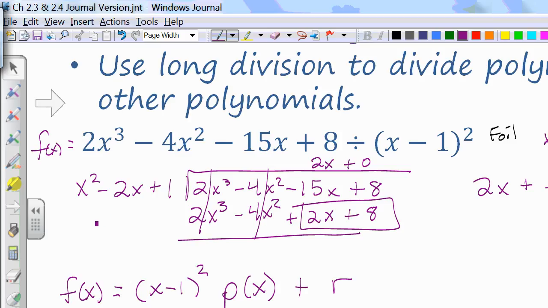So in this case it's (x minus 1) squared, my p of x in this case is just the 2x, plus my remainder, 2x plus 8, over the divisor. So it could be written in this manner, and WebAssign will have you do that.